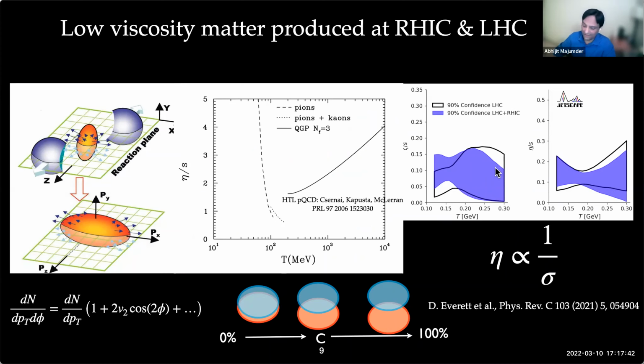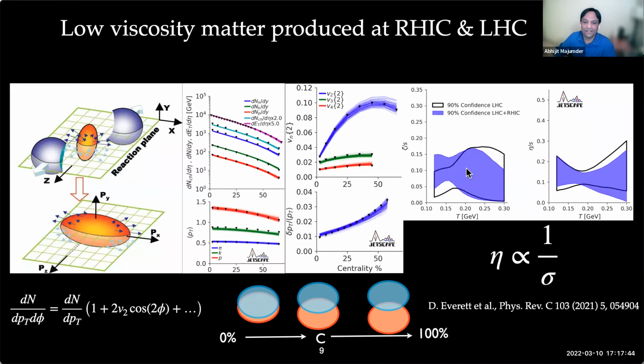These plots are obtained by fitting to data. You have a full model with an initial state, a hydrodynamic evolution, and final hadronization, and you fit to data and then try to extract what the viscosities were, and that's what the extractions look like using a Bayesian analysis.